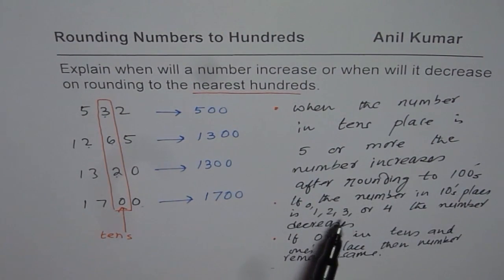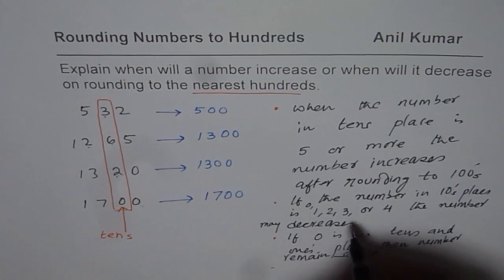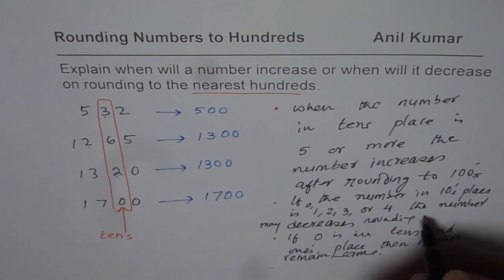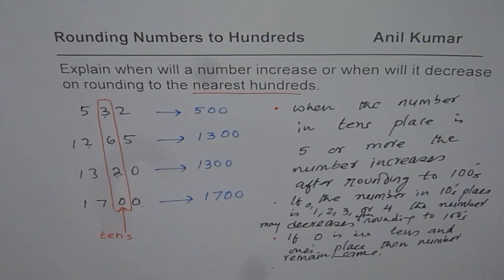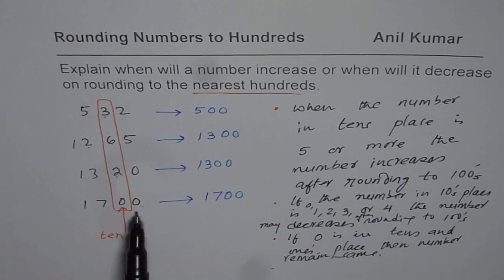0, 1, 2, 3 or 4, the number may decrease after rounding to hundreds. Is that okay? After rounding to hundreds, right? So because the number remains same if both these places are 0, right?